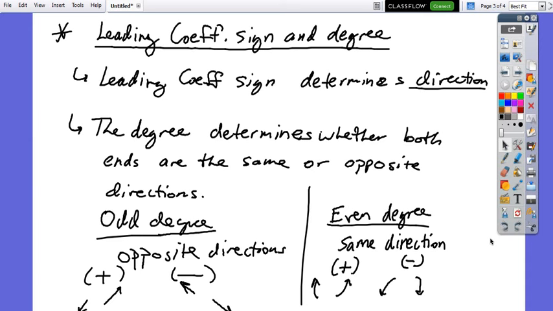If it's positive leading coefficient, both sides are up. If it's a negative leading coefficient, both sides are down. All this is really important information when it comes to graphing these polynomials.